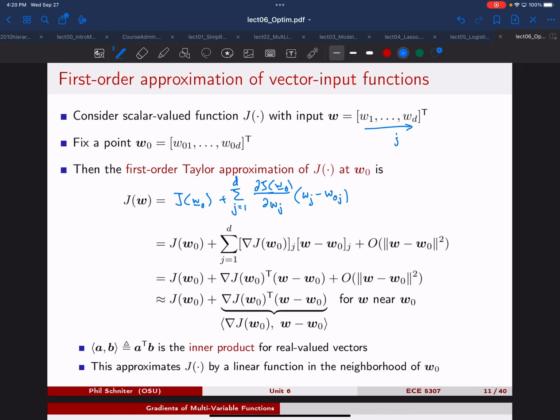And I'm going to have a big O term as well. But let's just pause there.